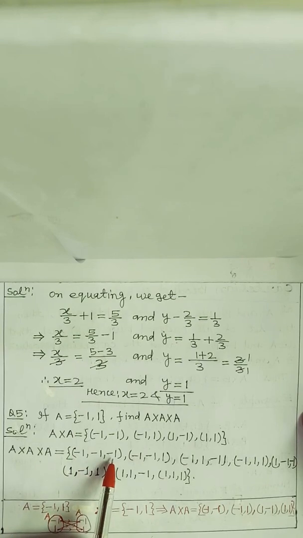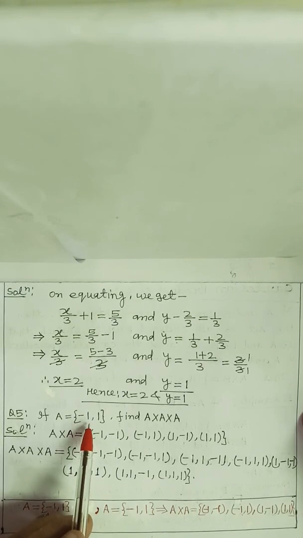Now A cross A cross A, so -1 with first ordered pair of A cross A, (-1, -1), so we get (-1, -1, -1), and this is called ordered triplet.